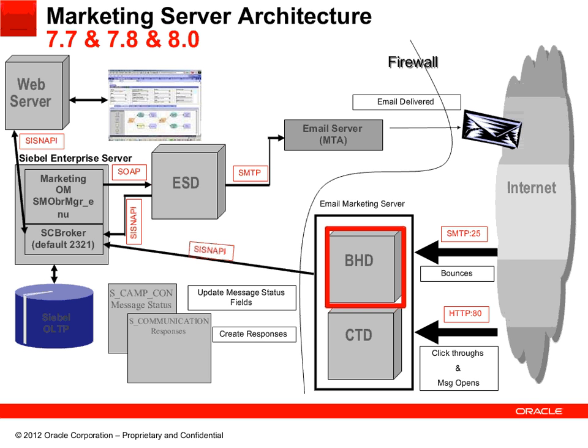And if there are any asynchronous bounces from the internet, they will be tracked by BSD, and it will update the Siebel campaign list status by making systematic connection to Siebel gateway server. As we have seen in the past, any HTTP request like click-throughs will be captured using CTD, and CTD will also connect to gateway server using systematic connection to create responses in Siebel.